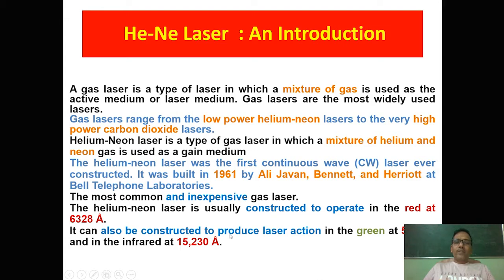It can also be constructed to produce laser action in green, at 5435 angstrom, and in the infrared region, and one can also get a monochromatic light source of 6000 angstrom by a spontaneous process at different energy levels.